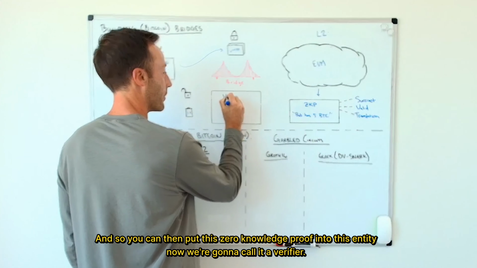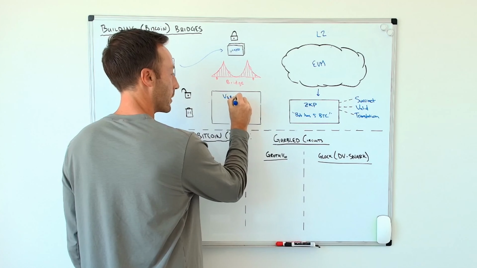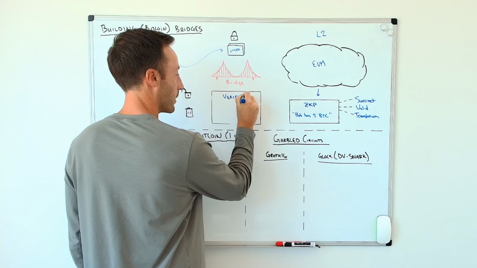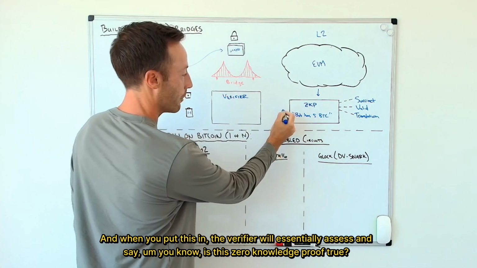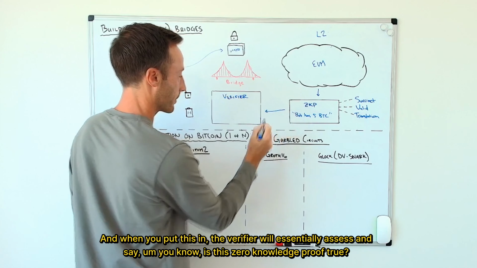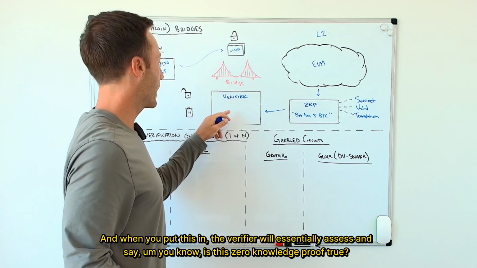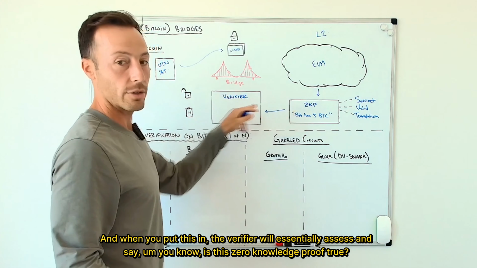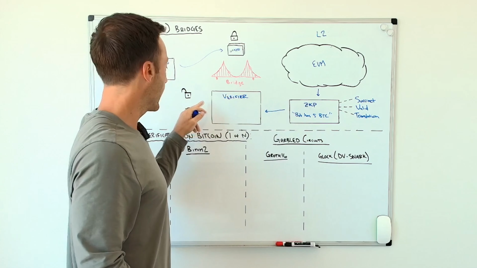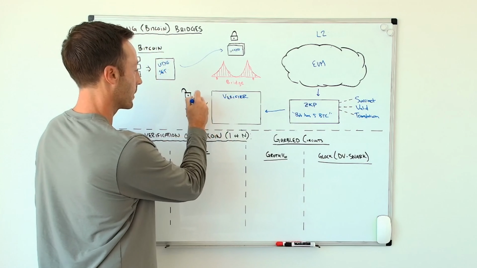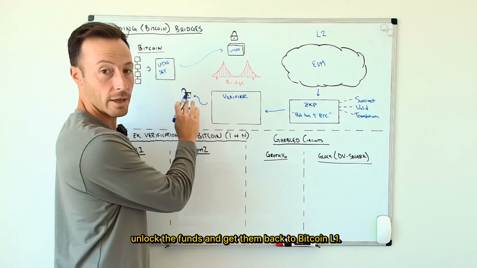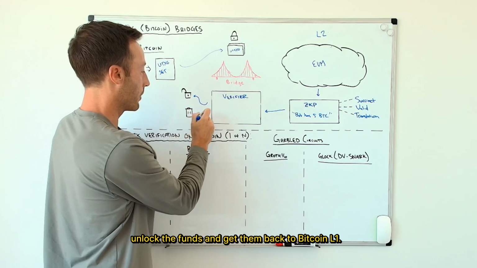Now we're going to call it a verifier. When you put this in, the verifier will essentially assess and say, is this zero knowledge proof true? If yes, then unlock the funds and get them back to Bitcoin L1.